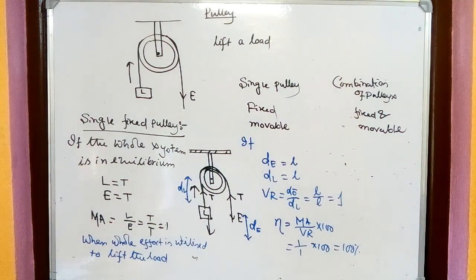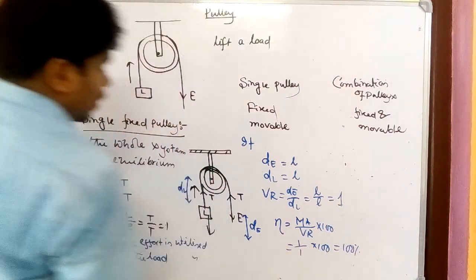So much energy is lost to overcome this friction. So mechanical advantage and velocity ratio cannot be equal, and mechanical advantage is always less than velocity ratio. Velocity ratio for a single fixed pulley will always be 1, but the mechanical advantage, in the practical case, should be less than 1.